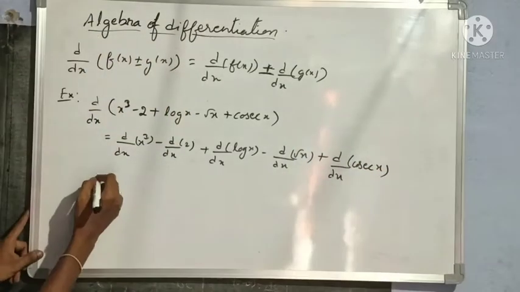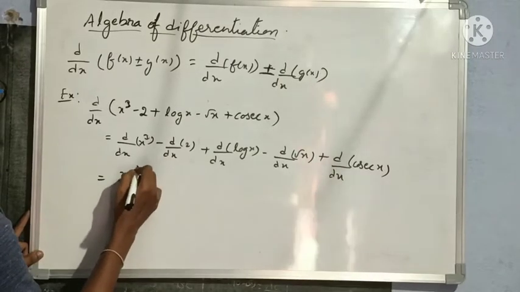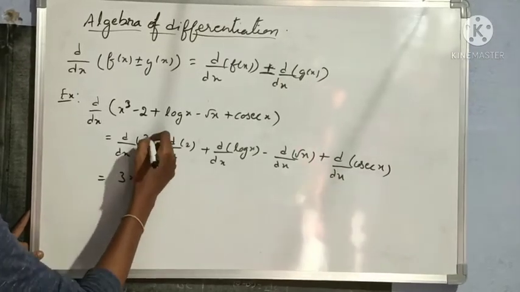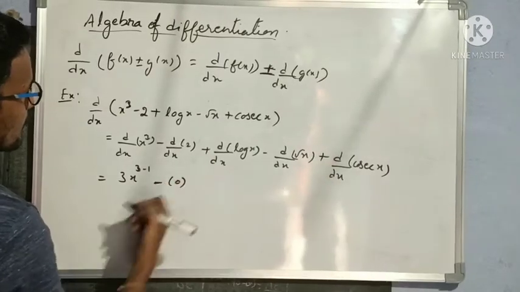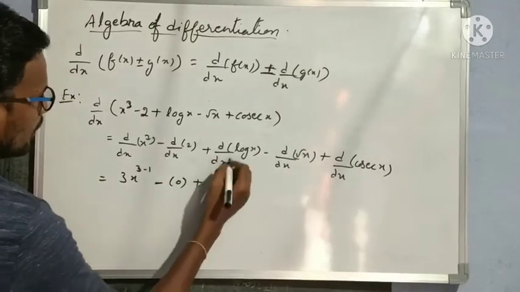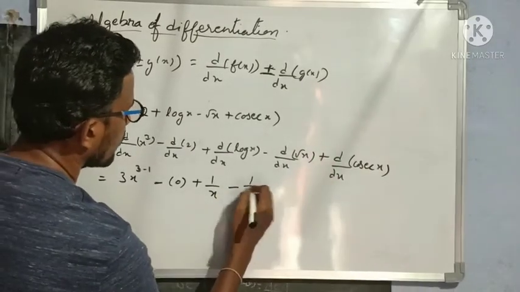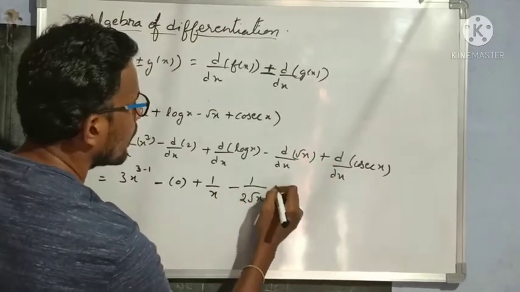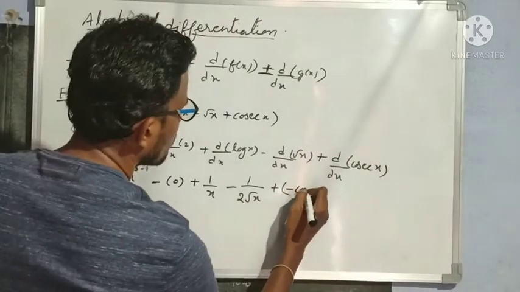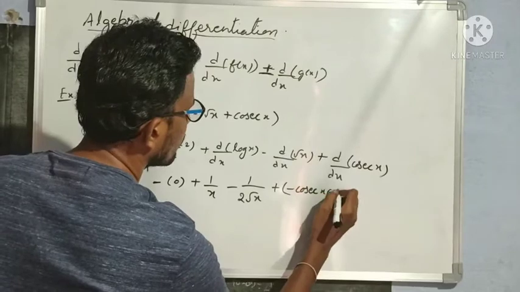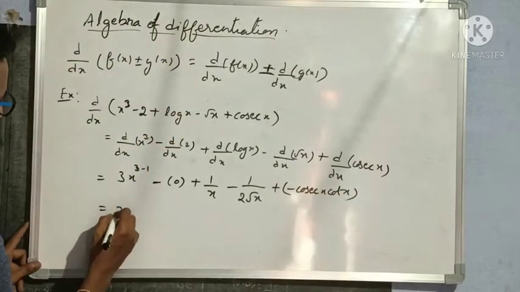Already I have done d by dx of x cube, which is 3 into x power 3 minus 1, since x power n gives n into x power n minus 1. Minus d by dx of a constant, which is 0, plus d by dx of log x, which is 1 by x, minus d by dx of root x, which is 1 by 2 root x, plus d by dx of cosecant x, which is minus cosecant x cot x.